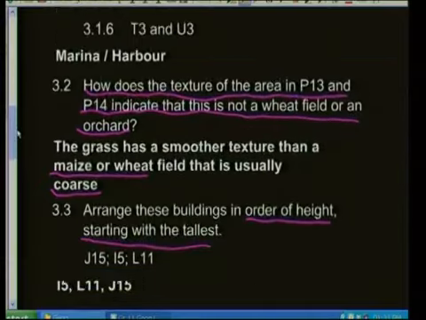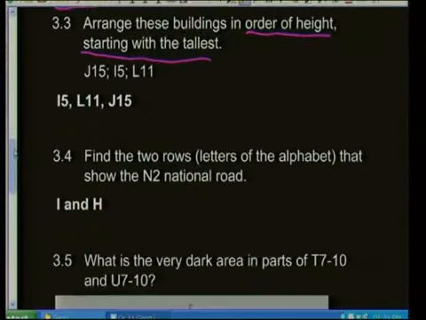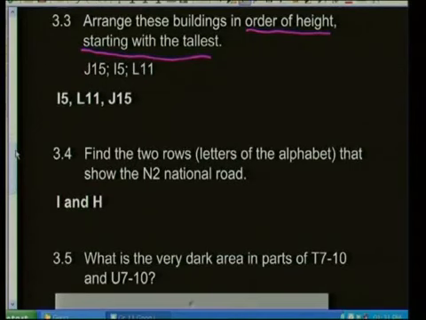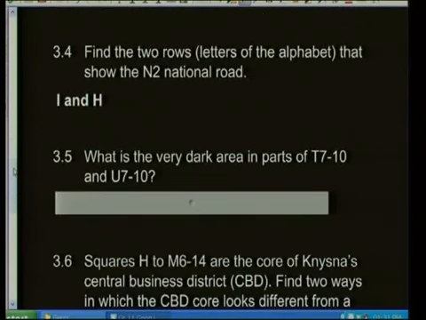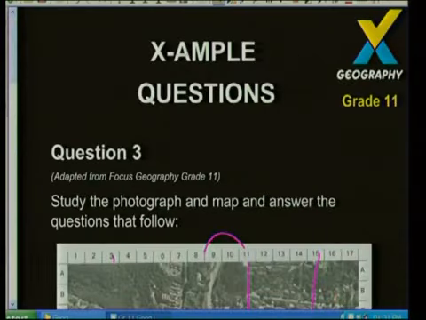The next one. What is the very dark area in parts T7 to 10 and U7 to 10? All right, dark area. And that is your water. Let's get back to our photograph.